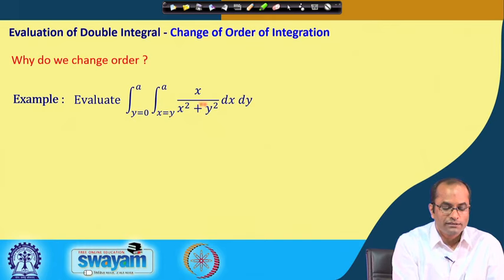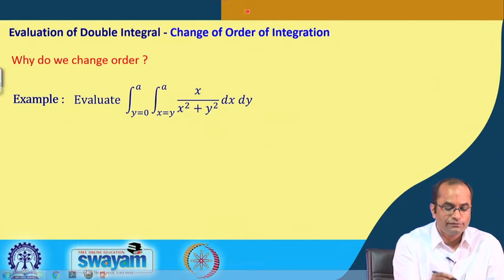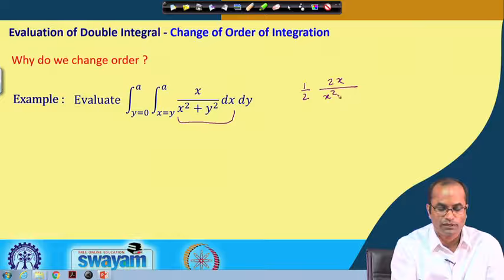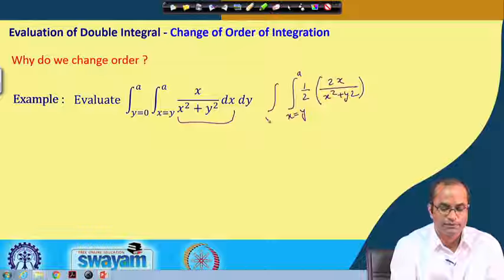The question is, if we integrate here with respect to x first in the given order, what will happen? We should consider 1 by 2 in front, and then we have 2x over x square plus y square as our integrand, with the integral with respect to x from y to a and with respect to y from 0 to a, with dx dy.